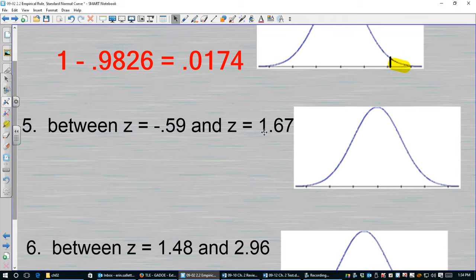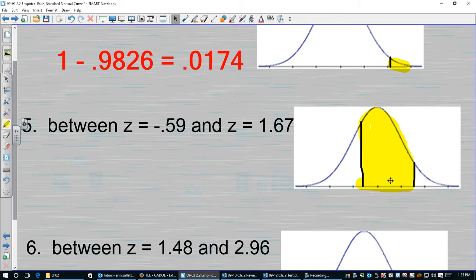Okay, how about between two z-scores? Remember, we're going to have to look up both of these z-scores in the table, because what we want to find is between a z-score of negative 0.59 and positive 1.67. So the area between those two points, first, I'm going to look up both of those values in the table.